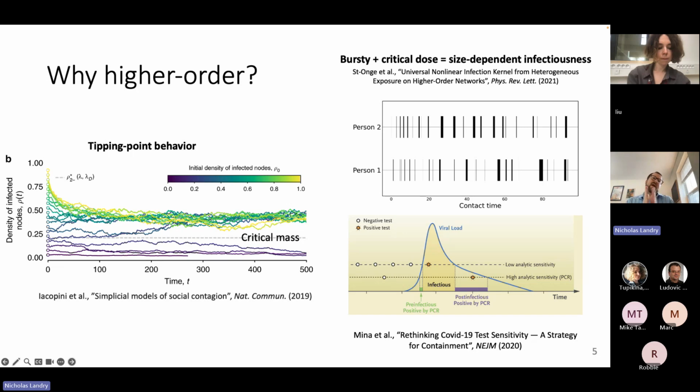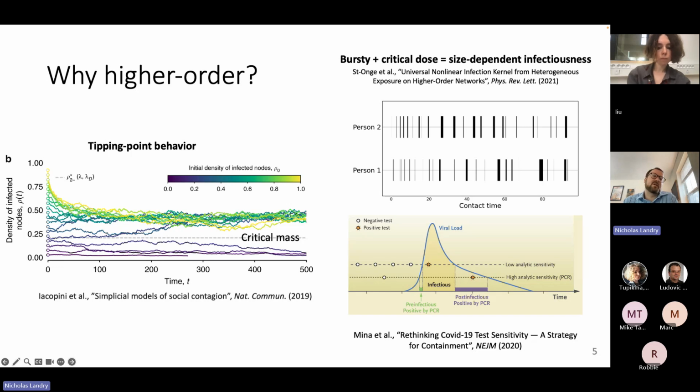And then if you pair that with bursty interaction patterns, which are simply exponentially distributed durations of contact, then if you put those together, you can get a non-linear infection kernel. That indicates that there's a nonlinear dependence on the infectivity and the size of interaction.